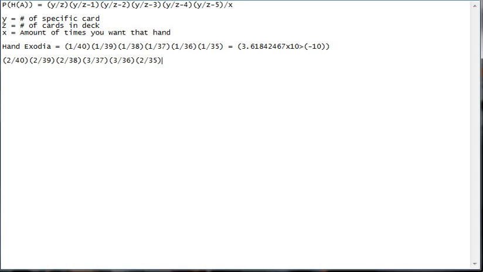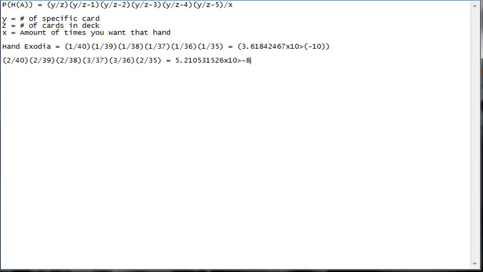So, to get this hand, I have equals, oh, I forgot something at the beginning of this, but whatever, equals 5.210531526 times 10 raised to the negative 8. Okay, so that's a really good probability.